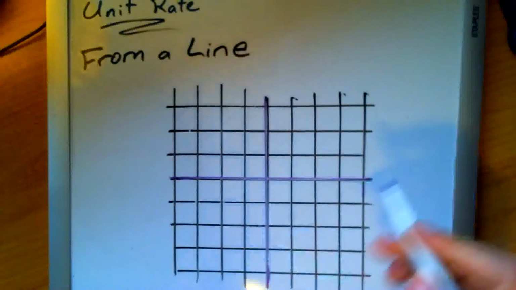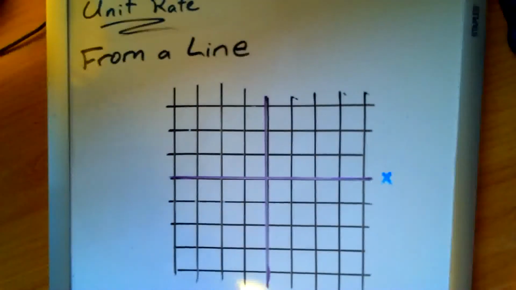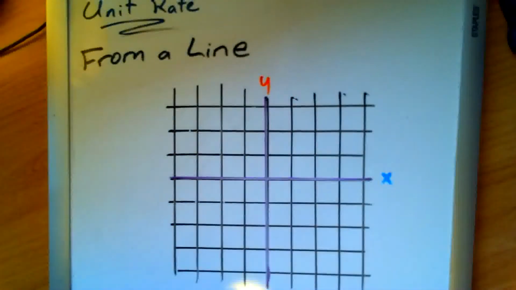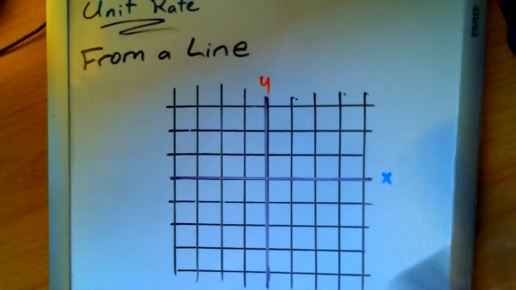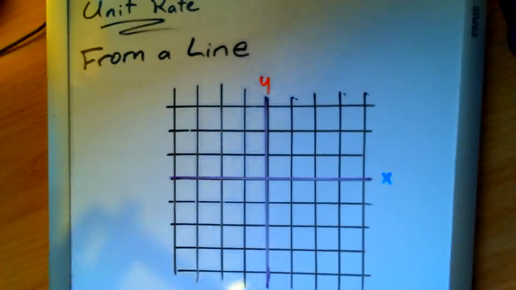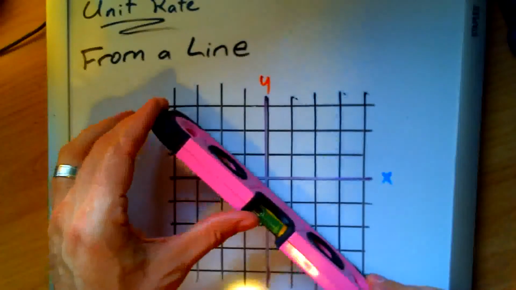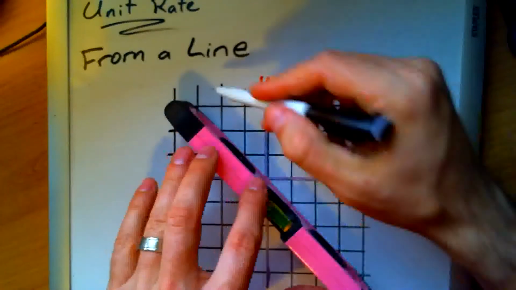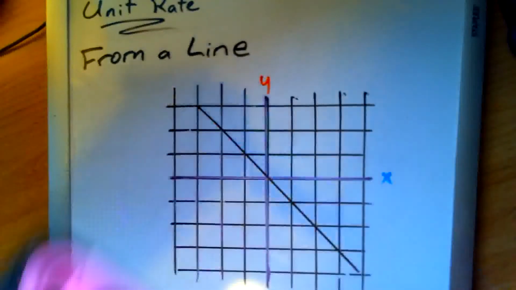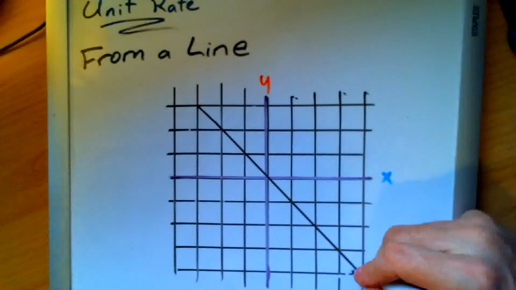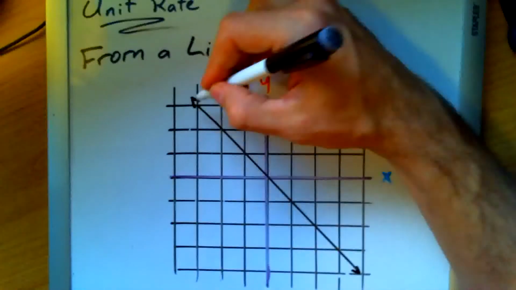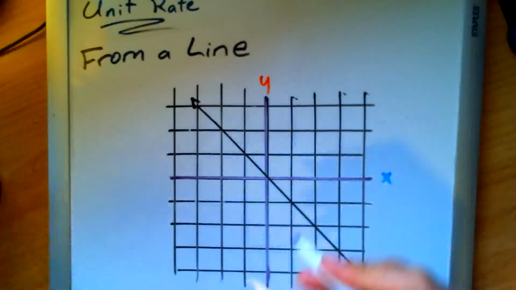And now finally, let's give ourselves a line that we can determine the unit rate of. And let's not forget our arrows because a line goes on forever in both directions.